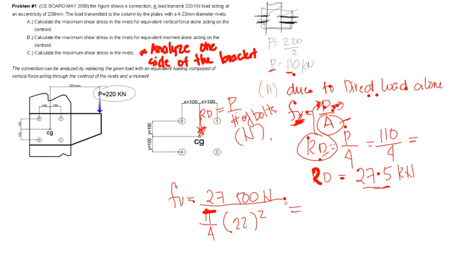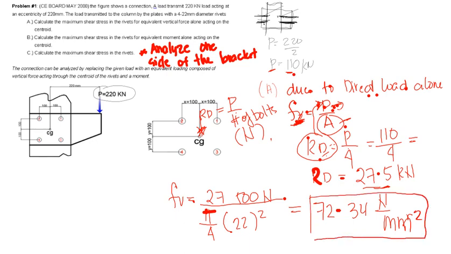So, using your calculator, the value we get here is equal to 72.34 newton per mm squared or 72.34 MPa. So, this is our answer for letter A. That is the shear stress due to direct load alone.